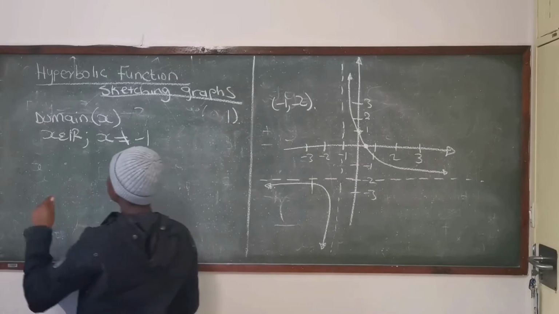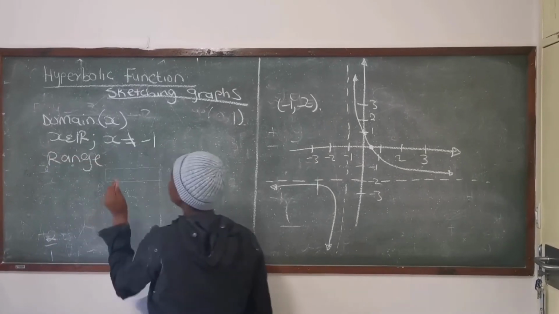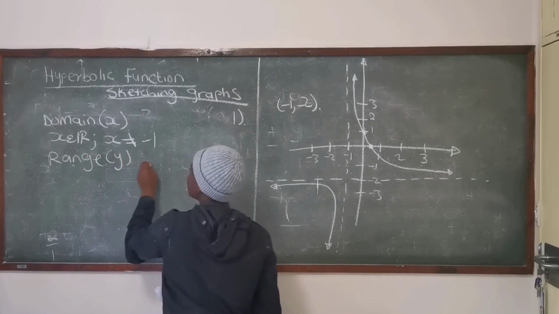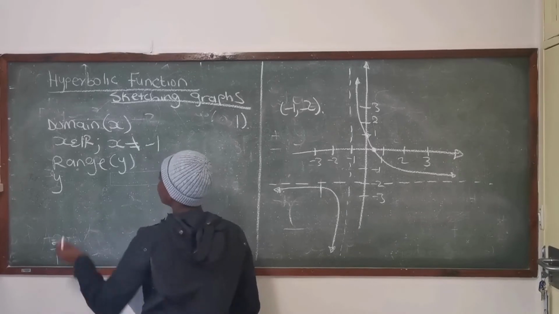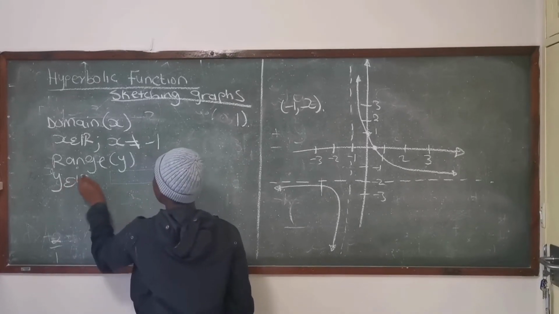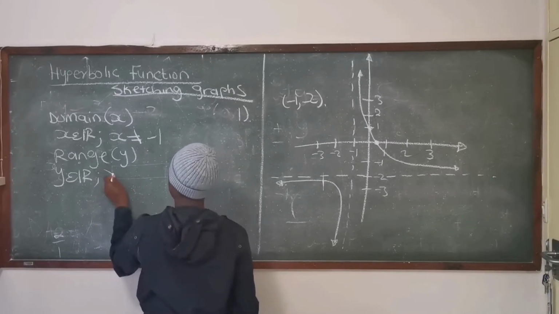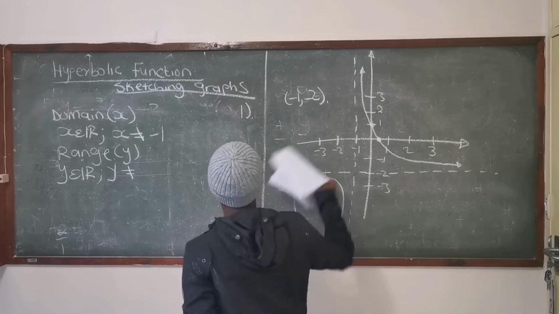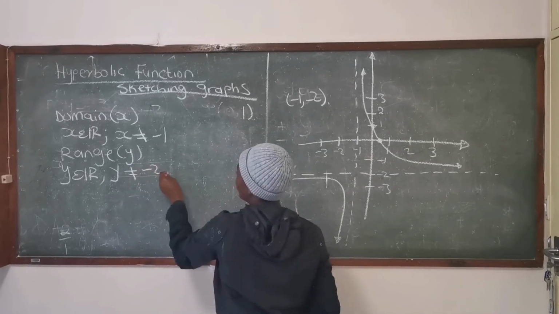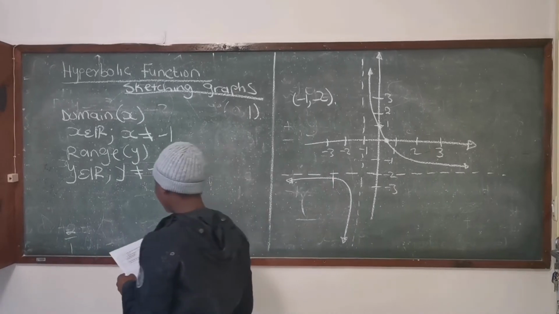So when it comes to our range, which is our y values, we can represent our y values as y is an element of real numbers, but the same applies to our y values. y can never be equal to -2. I think you get what I'm saying.